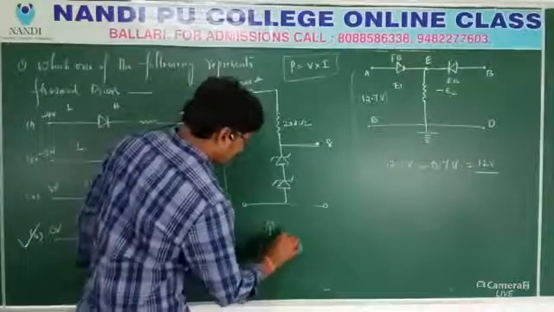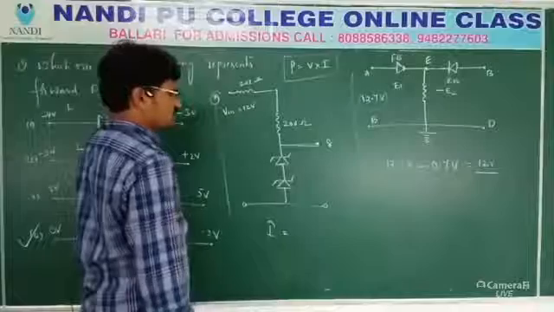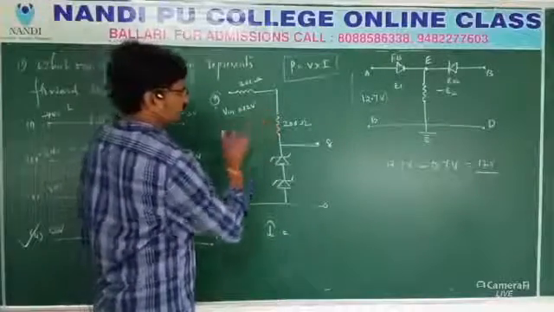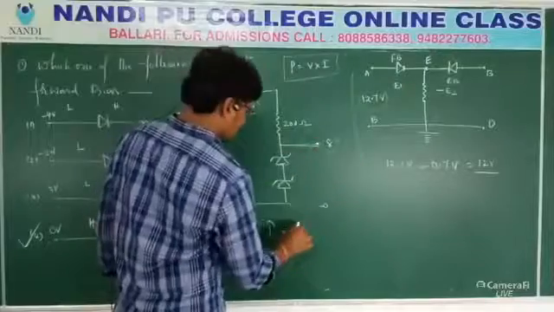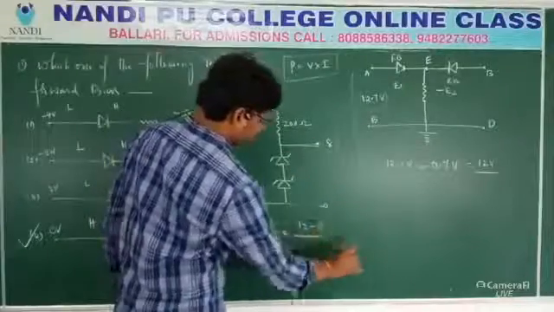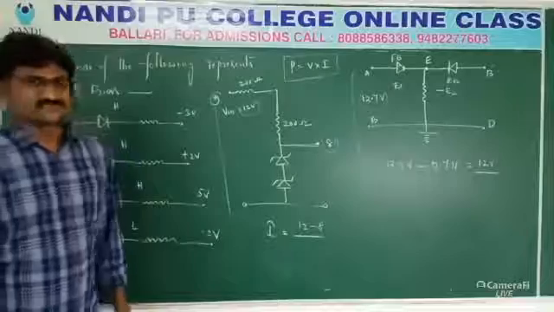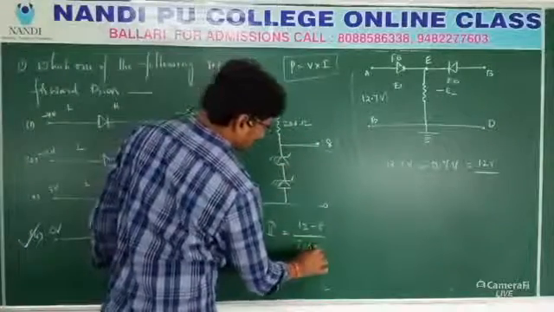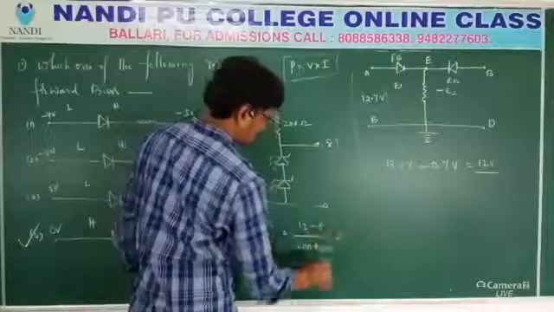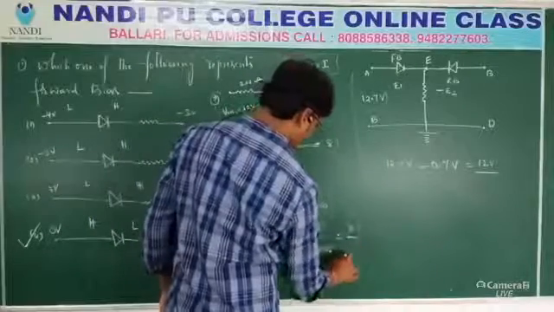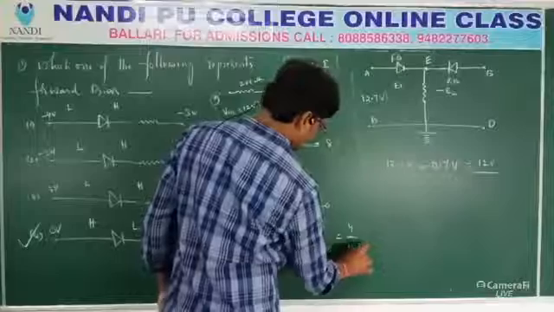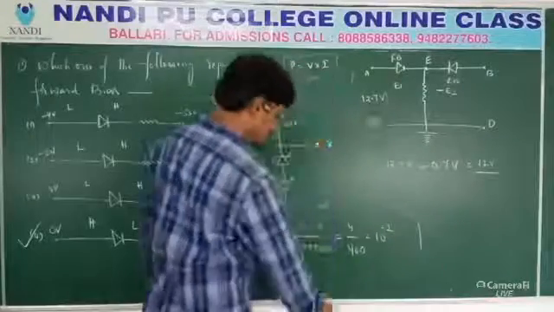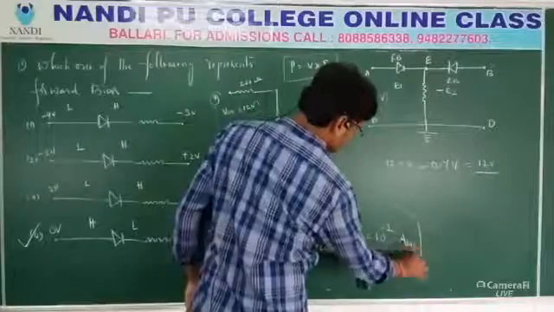I is equal to V by R. What is V? V input is 12 volts, this is 8 volts, so 12 minus 8, divided by 200 plus 200. So that is equal to 4 by 400, which is 10 power minus 2 amperes.